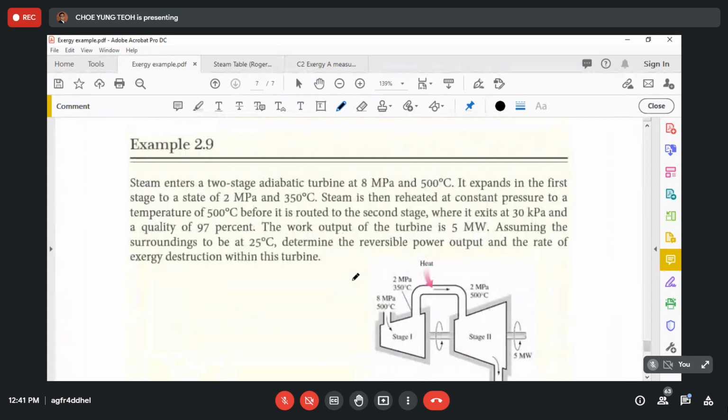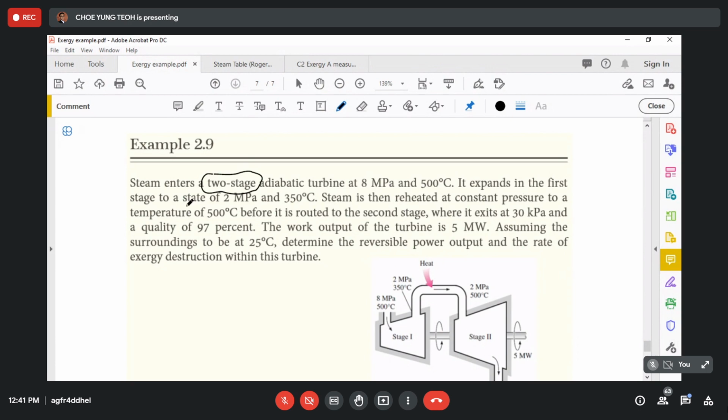Example 2.9. Steam enters a two-stage. This one is more complicated, two-stage. So it means that now you have two turbines. So you have to consider the turbine, one turbine and second turbine separately. Two-stage adiabatic turbine at 8 megapascal, 500 degrees Celsius.